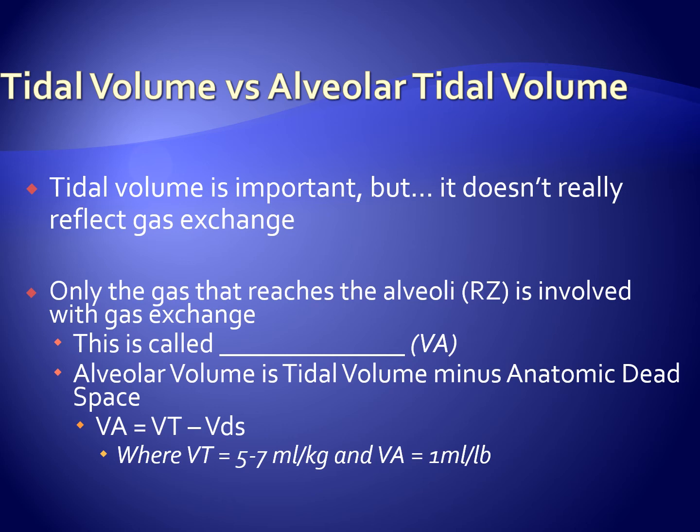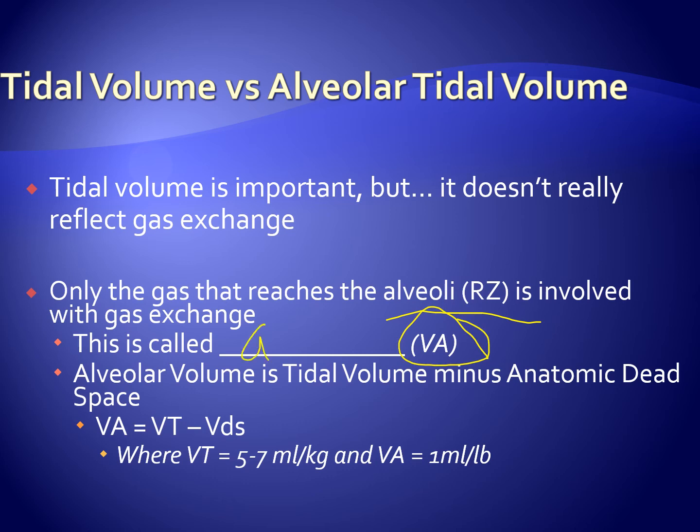So only the gas that reaches the alveoli in that respiratory zone is involved with gas exchange. So if I want to look at how effective someone is at exchanging gas, I'm not going to look at their tidal volume. I'm actually going to look at what's called their alveolar tidal volume, right? So this is like volume alveolar, that VA here.